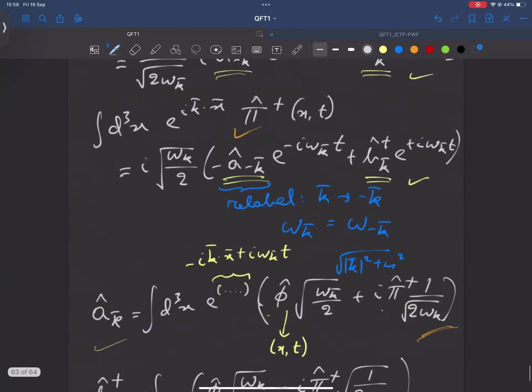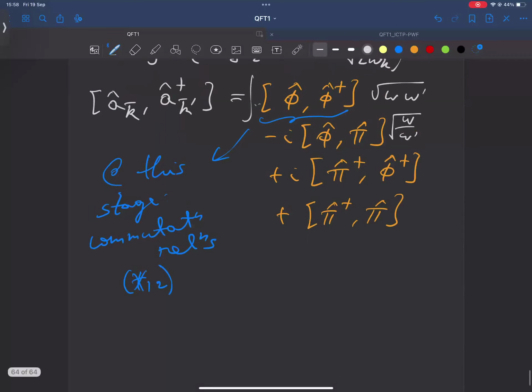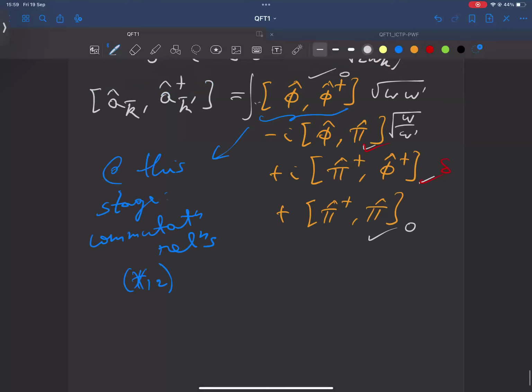If you impose star 12, then you will get nice delta functions and zeros here and there. For instance, this and this will give you zeros, and this and this will give you deltas. This and this will give you deltas, and this will give you zeros.